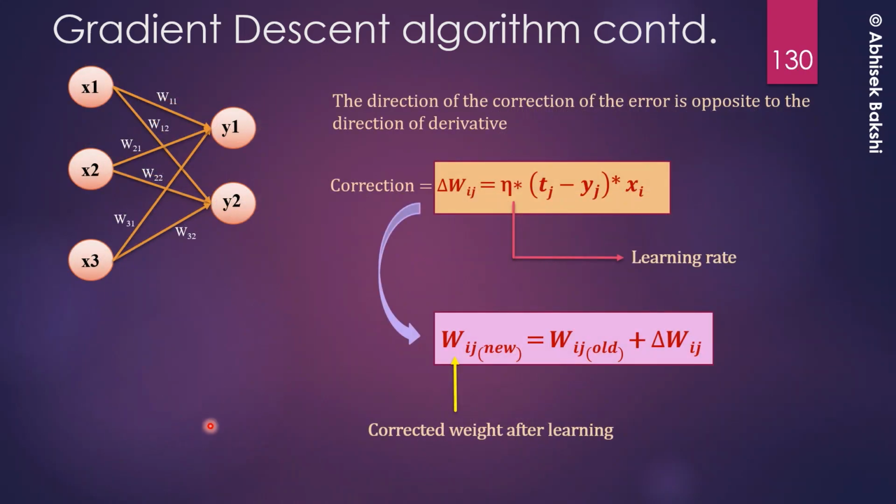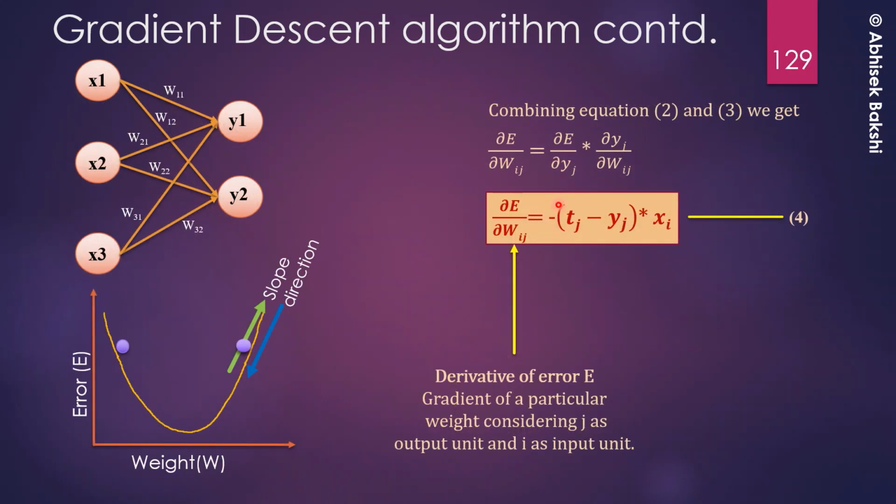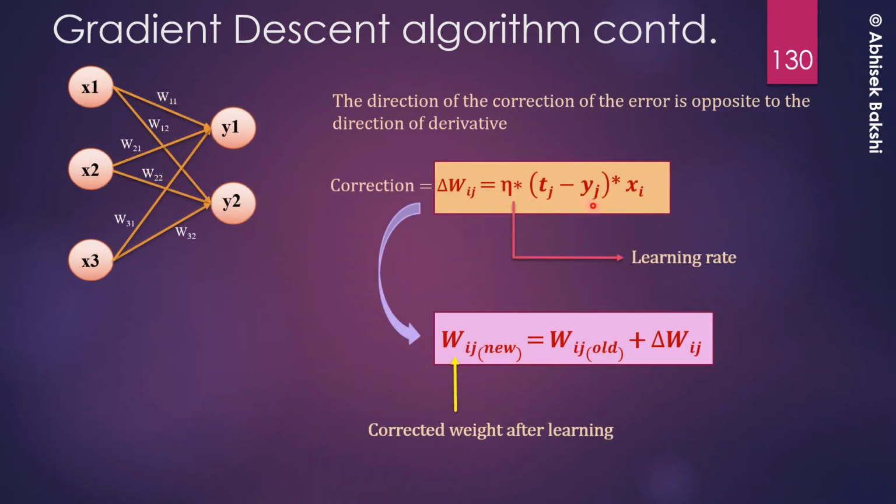That's why the minus that I had will get cancelled out here. So minus eta into minus tj minus yj, the two minus signs cancel each other. That's why I have written only eta multiplied by tj minus yj into xi.